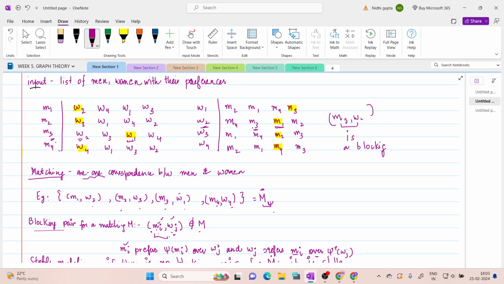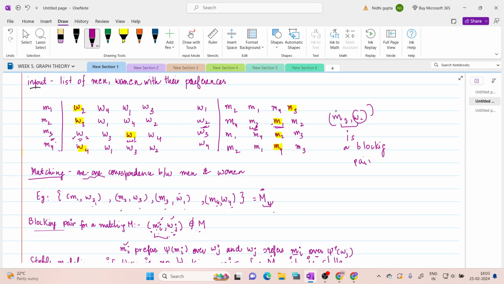So we see that M3 W2 is a blocking pair, because M3 in this matching has been assigned W1 but prefers W2. And similarly, W2 has been assigned M1 but prefers M3.